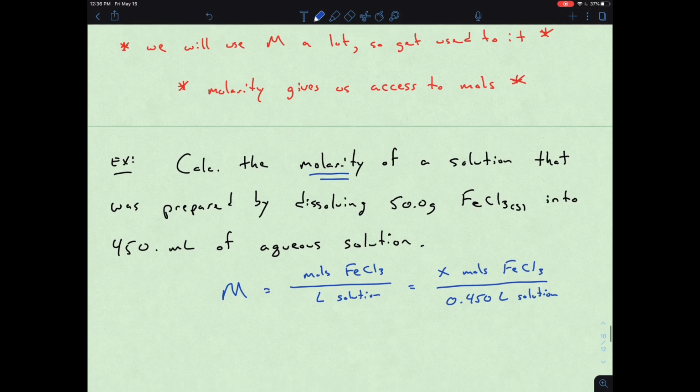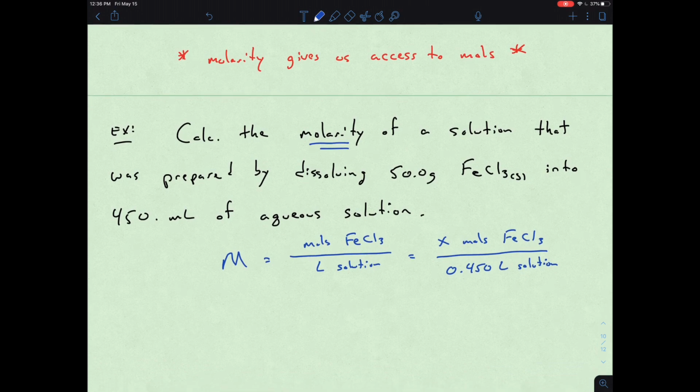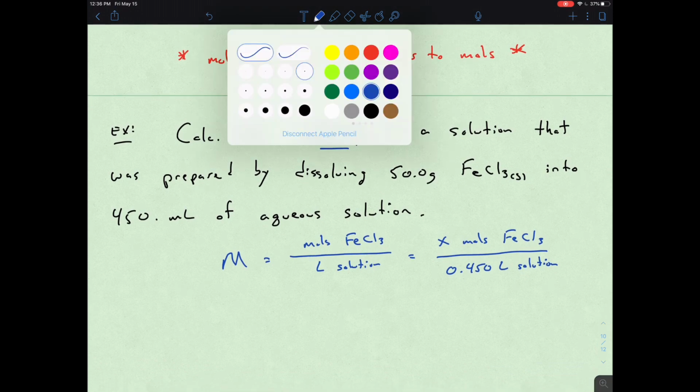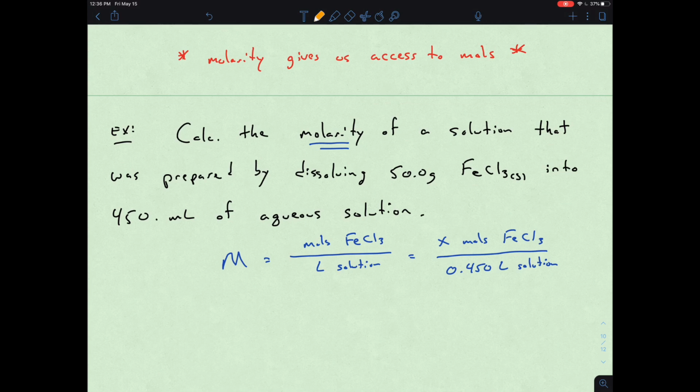So we just need to basically figure out moles, right? Almost like doing a two-step here. We need to get to moles first, and then we can put that together to solve for the molarity. We have access to moles from the 50 grams of the ferric chloride. So we can easily get to moles, then divide by that volume of solution to arrive at a molarity value.